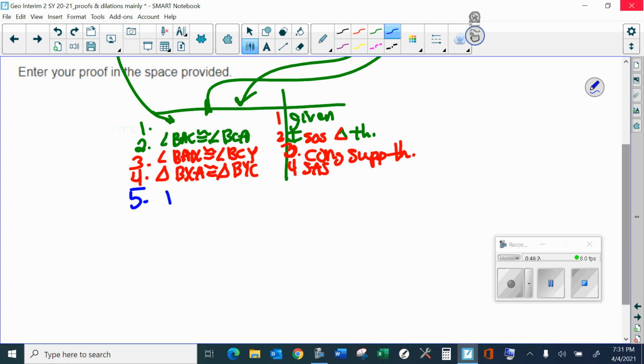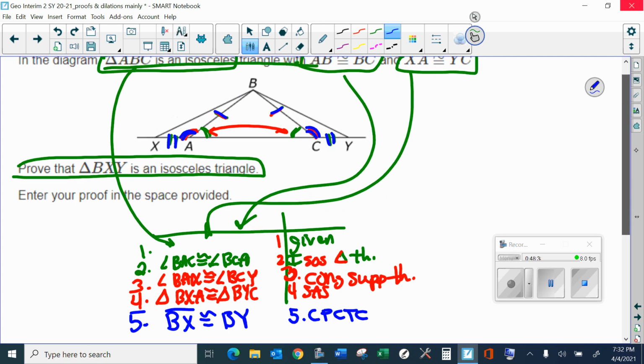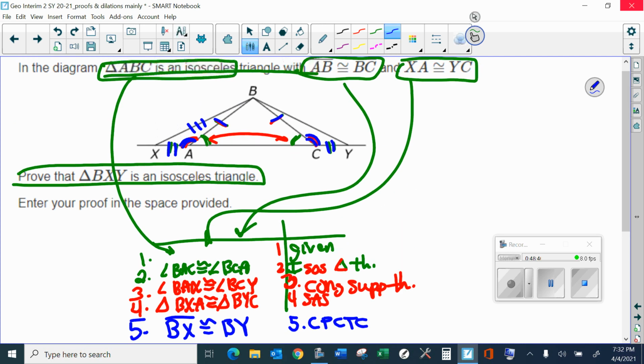So now I can say BX is congruent to BY by CPCTC. And you can just write CPCTC. You don't have to write out the whole thing. Now, so 1, 2, 3, 1, 2, 3. Now I have triangle BXY is isosceles. That's the definition of isosceles when two sides are congruent.